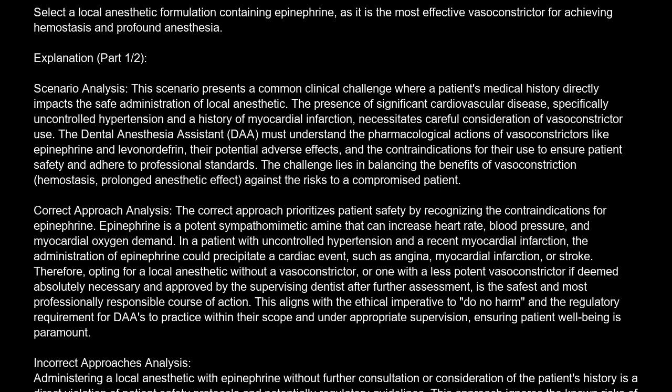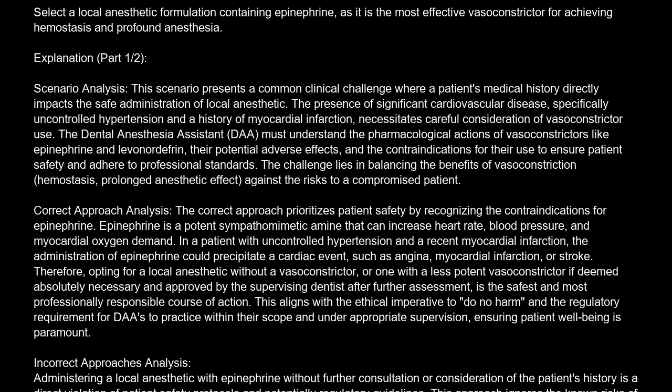The challenge lies in balancing the benefits of vasoconstriction, hemostasis, and prolonged anesthetic effect against the risks to a compromised patient. Correct approach analysis. The correct approach prioritizes patient safety by recognizing the contraindications for epinephrine. Epinephrine is a potent sympathomimetic amine that can increase heart rate, blood pressure, and myocardial oxygen demand.